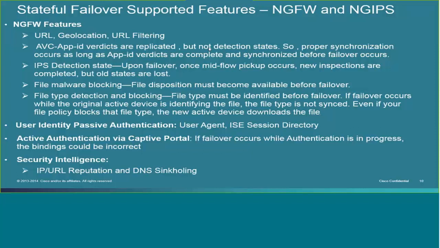After identifying the application, we send information to the standby saying this app is WhatsApp or this is Facebook, and now you can match all the traffic of this connection to Facebook.